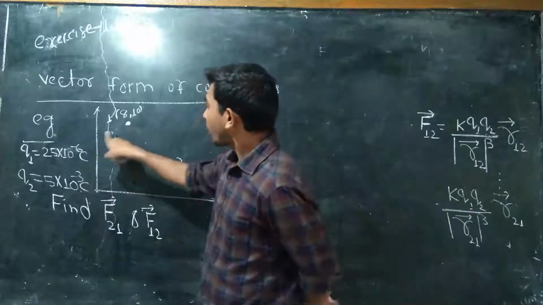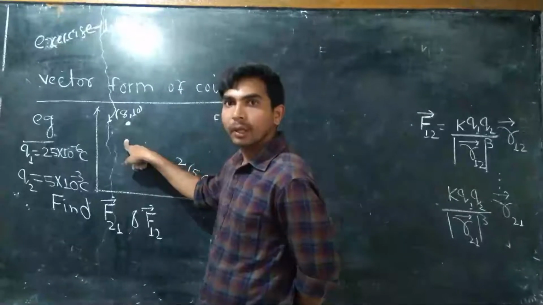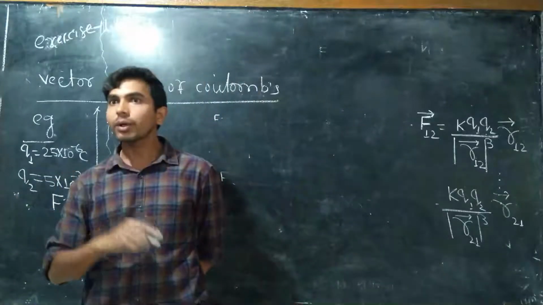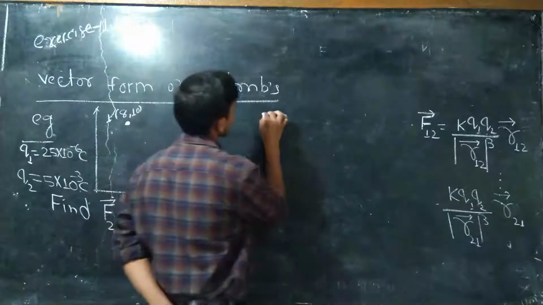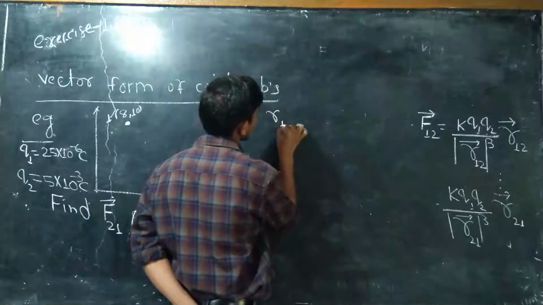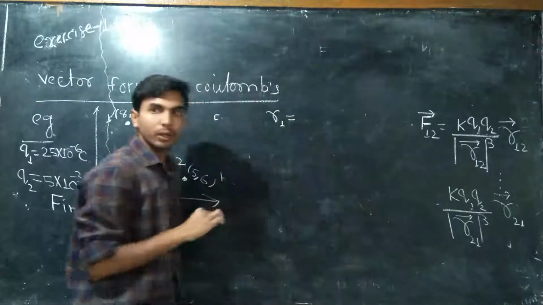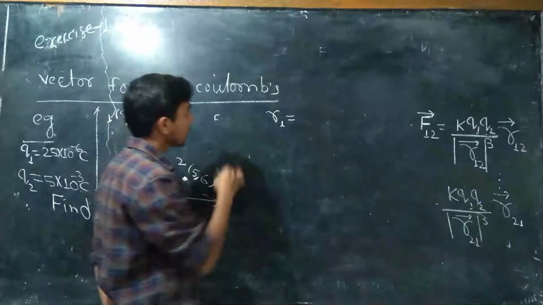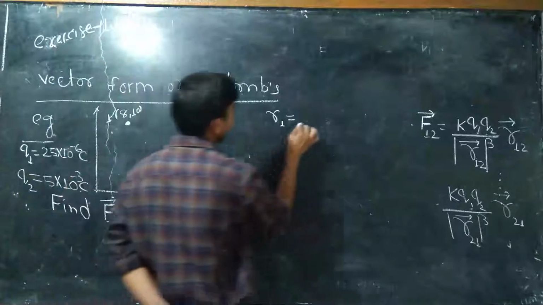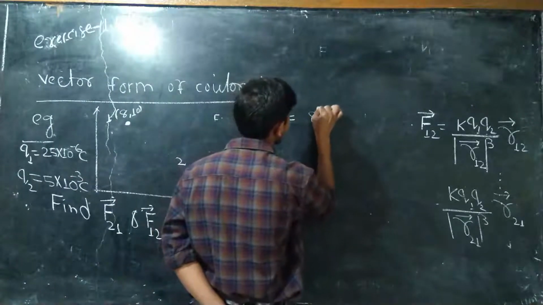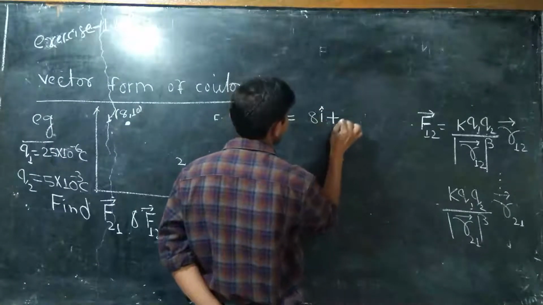Here the coordinates of the points are given, right? So if the coordinates are given, then we are able to write the position vector. So suppose I write the position vector of point 1, that is R1, and R1 is 8I plus 10J.